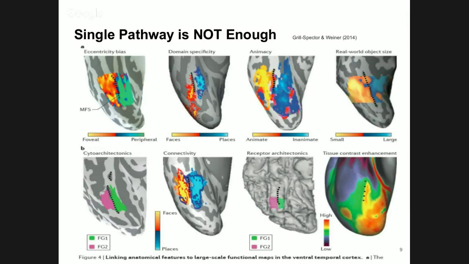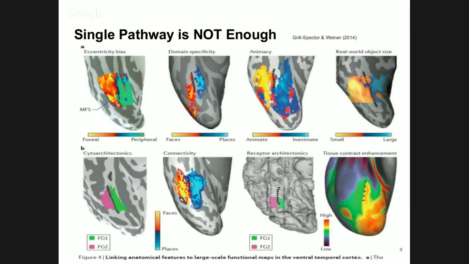For the entire IT. This divide is called the middle fusiform sulcus, and it serves as a transition for a lot of functional maps, such as the eccentricity bias. The left region is more activated for the foveal response, and the right one is more peripheral. Also, one region activates more for faces, and the other more for places, and so on.